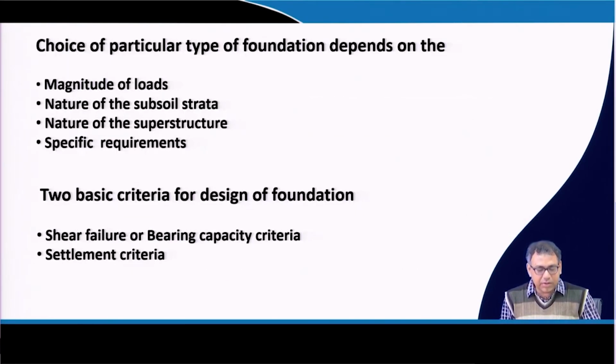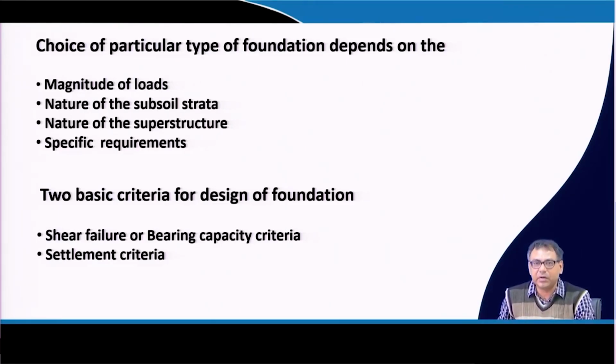Okay, so now the choice of a particular type of foundation depends on how much load is coming, what the soil properties are, which type of structure we are constructing, and whether we have any specific requirement or not. But during the design we have two basic criteria, one is settlement and one is bearing capacity.